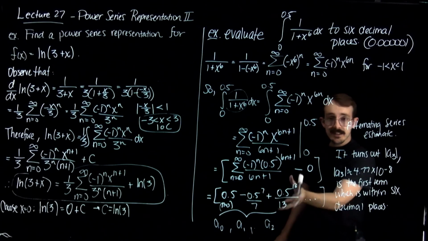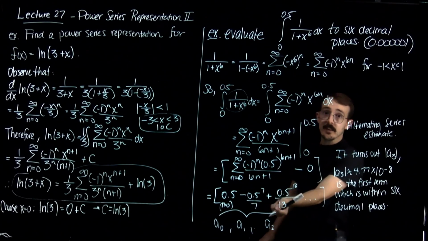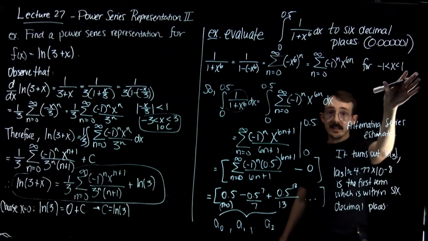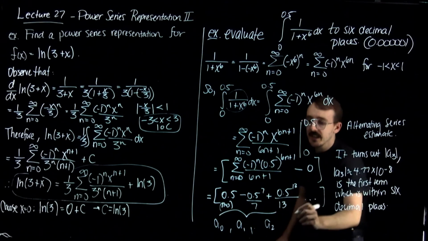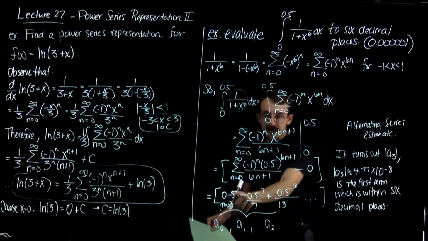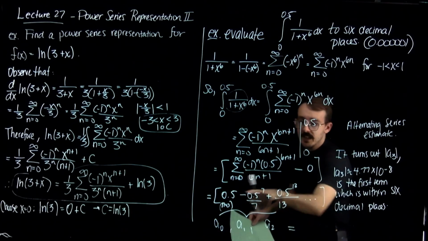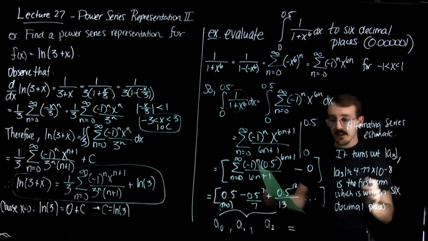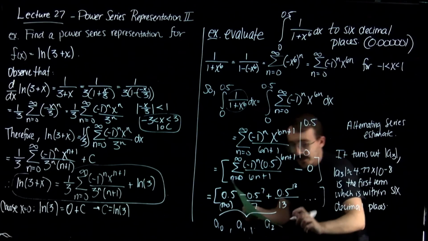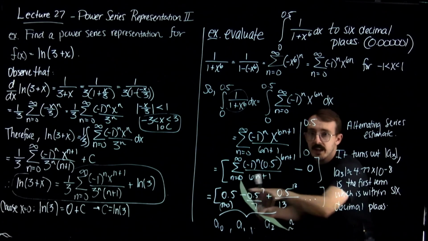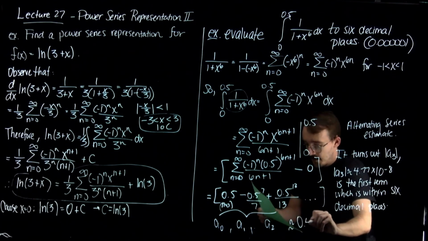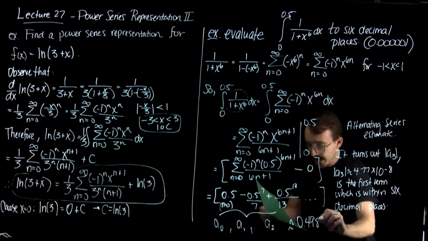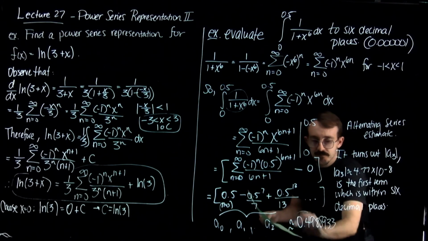And as long as I sum those first 3 terms together, I will be within the 6 decimal point accuracy that I need. So this final answer here, if I just take these first 3 terms, because that's going to be accurate enough, adding these 3 terms together, it's about 0.4988933.